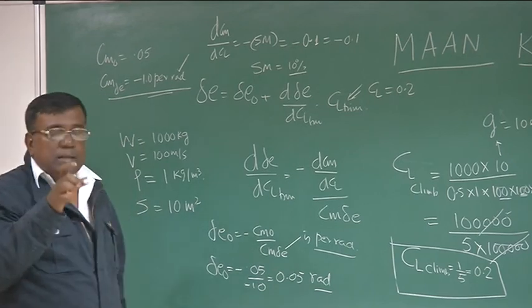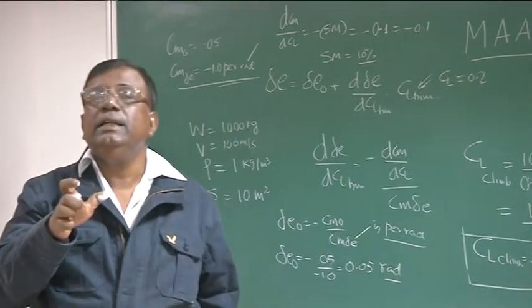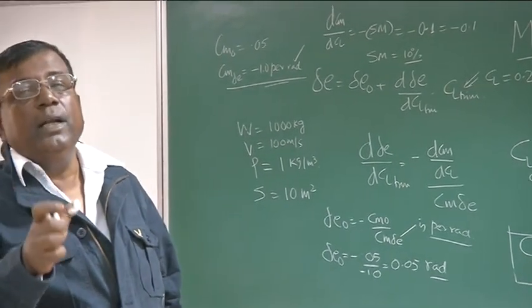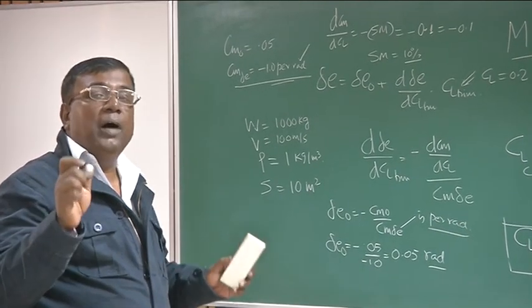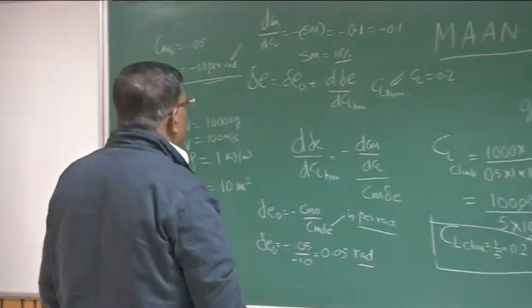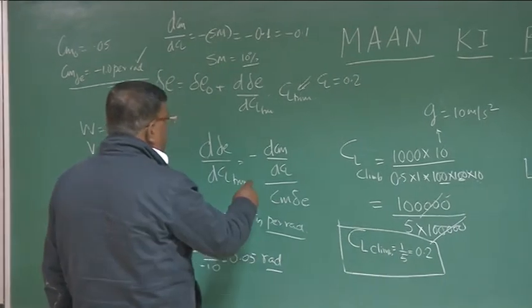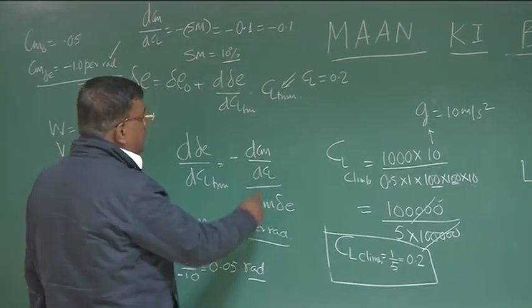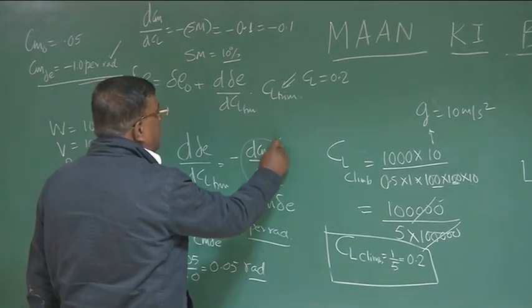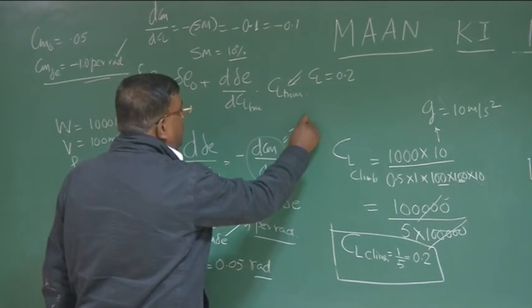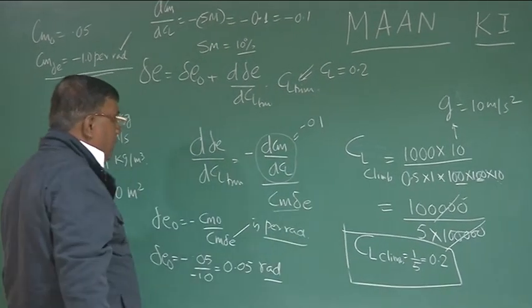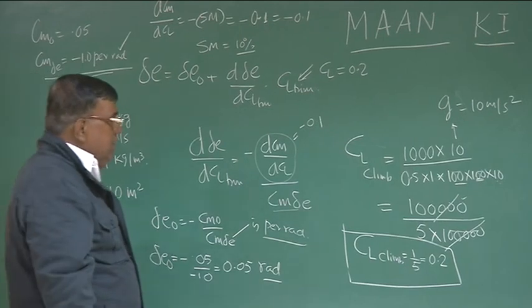That means the difference between neutral point and the CG is 0.1 into C bar, the mean aerodynamic chord. So for dCm by dCl, the value is minus 0.1 and Cm delta E is minus 1.